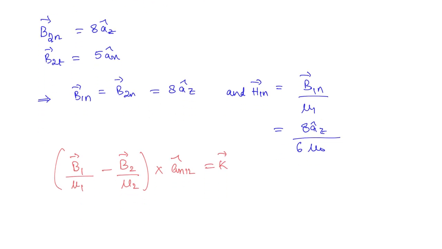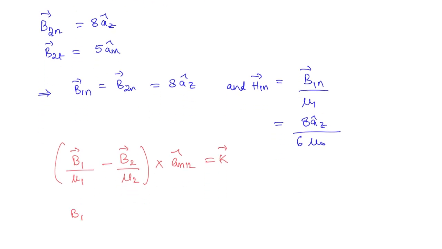Now B1 bar we don't know, so we will just write it as it is, and mu 1 is nothing but 6 mu naught, minus B2 bar, which is given: 5ax cap plus 8az cap, divided by mu 2, which is mu r2 into mu naught. So mu r2 is given as 4 into mu naught, cross aN12 cap.